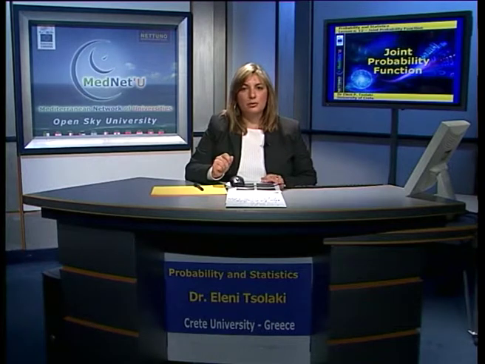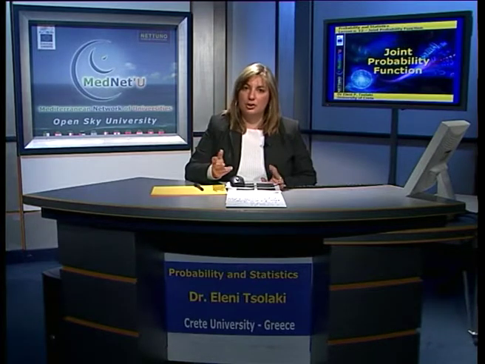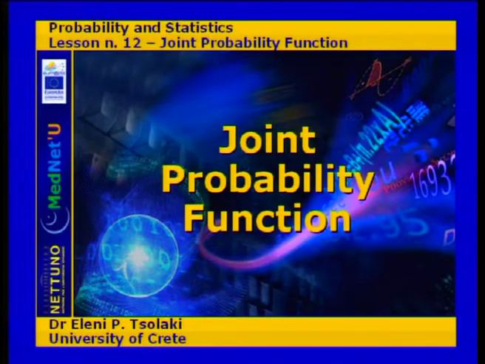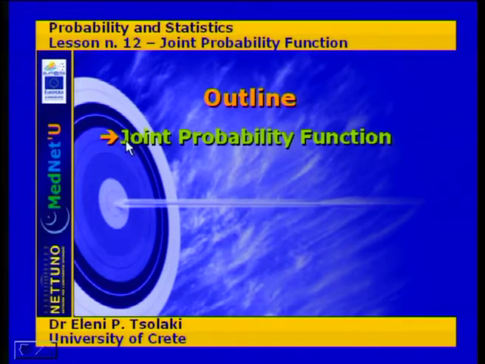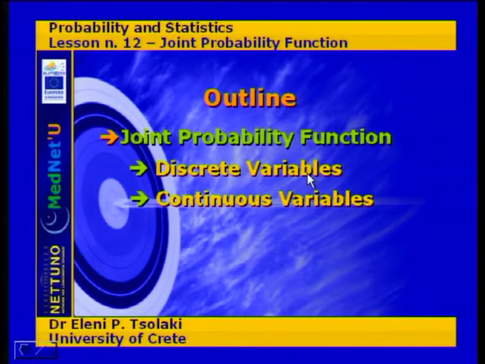In this lesson we are going to talk about two random variables and their probability function, the joint probability function as it is called. We are going to see what the joint probability function is for discrete random variables and for continuous random variables.